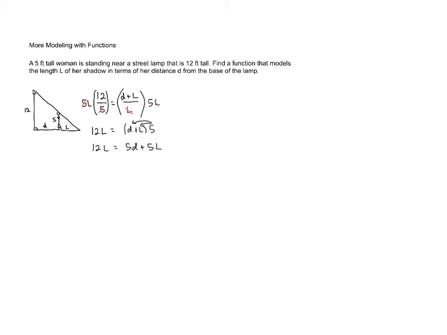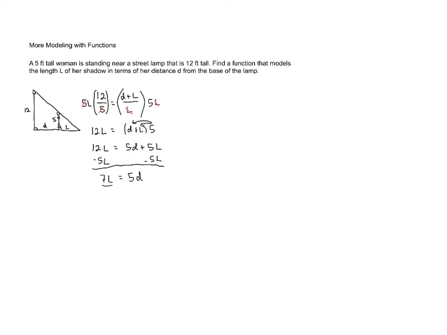And we want to solve for L in terms of d, so we need to get all the L terms on the same side. We can subtract 5L from both sides to accomplish this. This is going to give us 7L equals 5d.